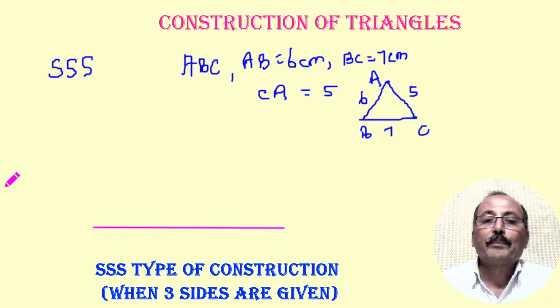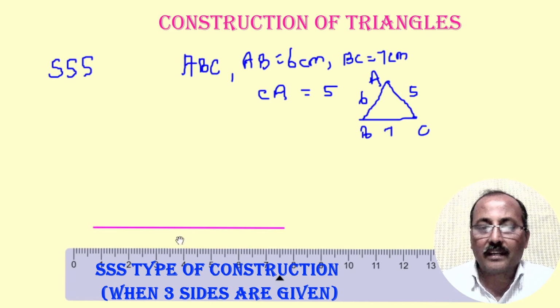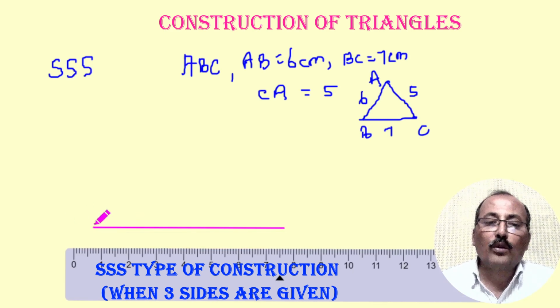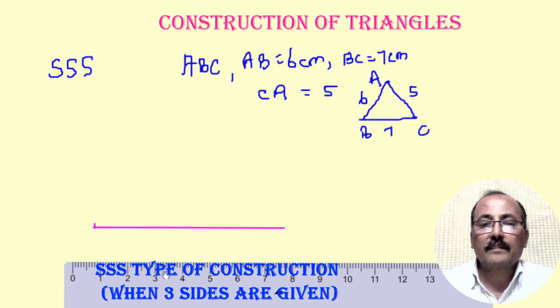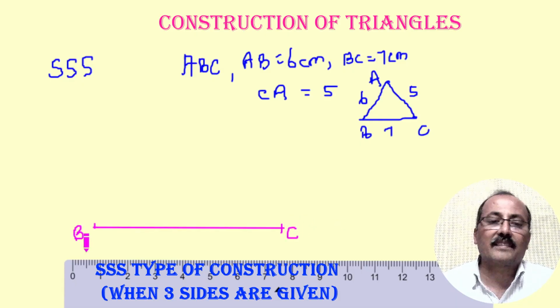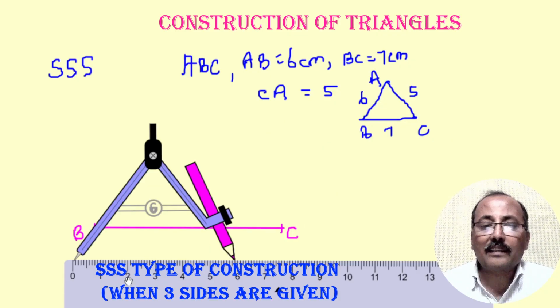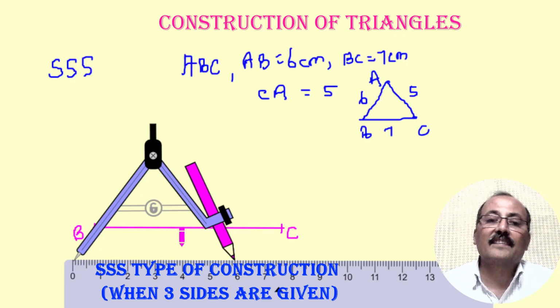Now, let the ruler be here. And we know this is B and this is C. Line segment BC. Now take the compass and take the length BA, that is AB of length 6 centimeter.